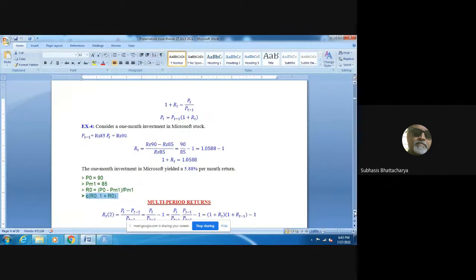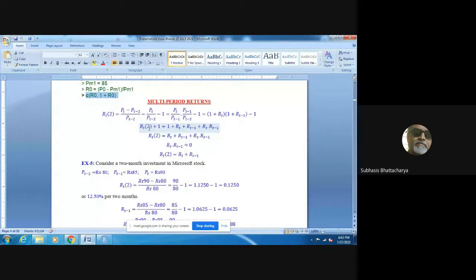If it is a multi-period return, for example 2 periods, then the relation becomes this: PT by PT minus 2. It can be written as PT by PT minus 1 times PT minus 1 by PT minus 2. And earlier we got that PT by PT minus 1 is nothing but 1 plus RT.